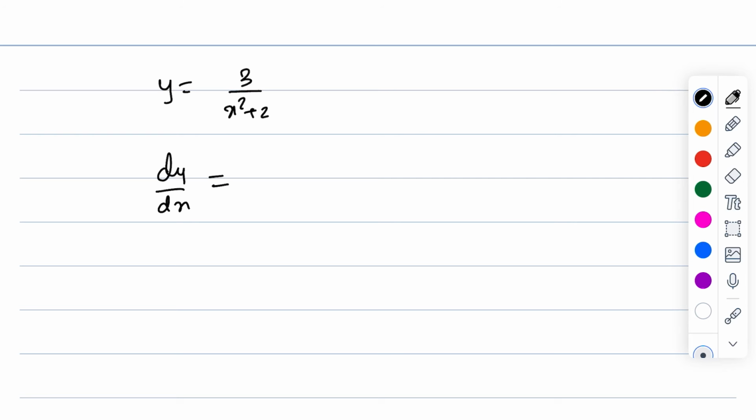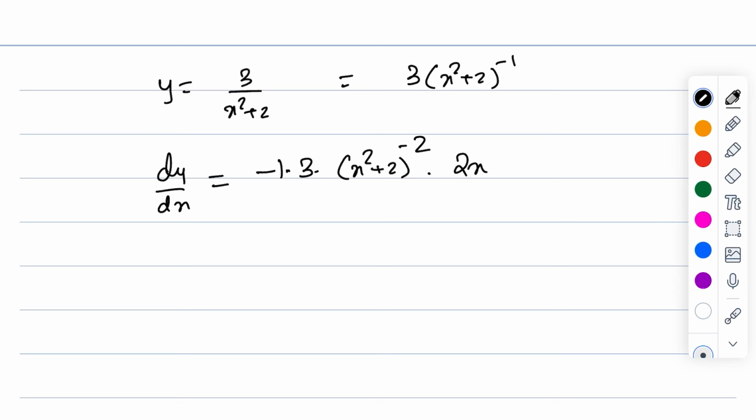It's going to be 3 times (x square plus 2) to the power of negative 1, because this can be written as 3 times (x square plus 2) whole to the power of negative 1, times again the x square derivative. What is the x square derivative? 2x. So what does that become now? Negative 6x upon (x square plus 2) whole square. This is going to be the gradient and the value of m. Show that the maximum value of m is this one.